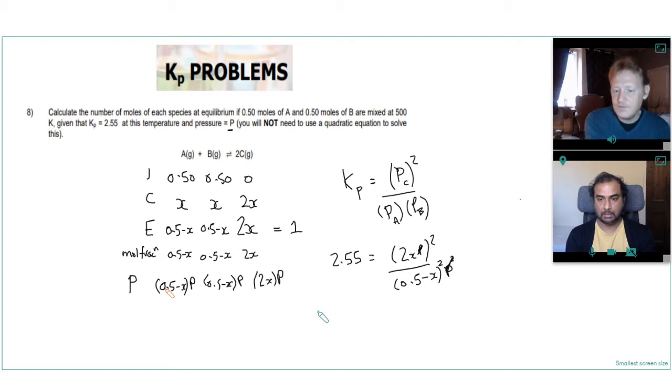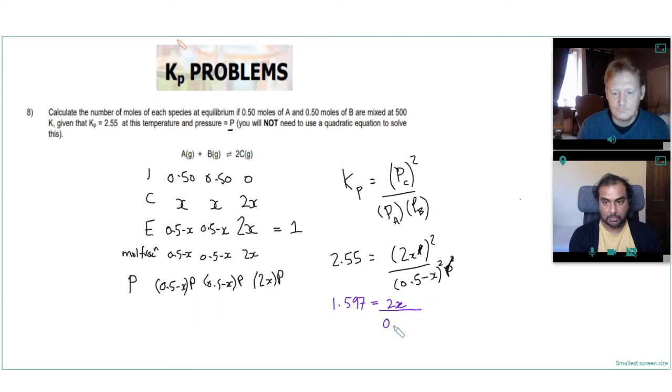Okay, so could you do that? Yeah, let's. If I do square root of 2.55, 1.597 for now, which we can round later on, equals 2x over 0.5 minus x.